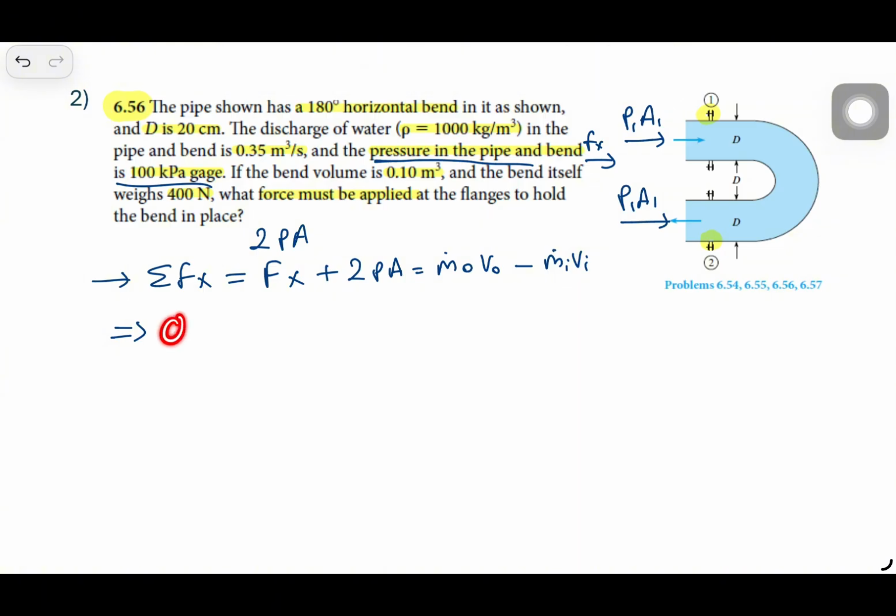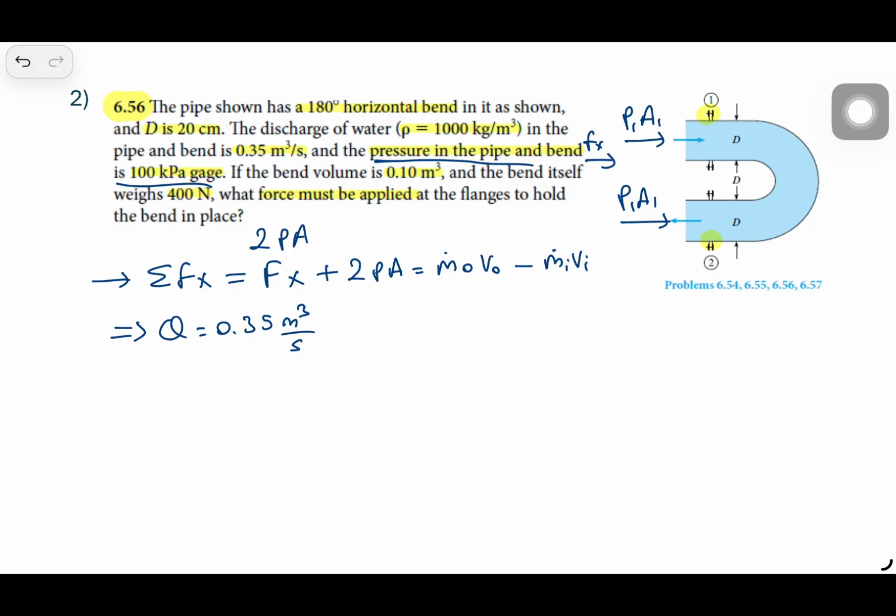So Q is given as 0.35 cubic meter per second. And because of the continuity equation, the flow rate entering this system will leave as it is. So Q1 is equal to Q2.